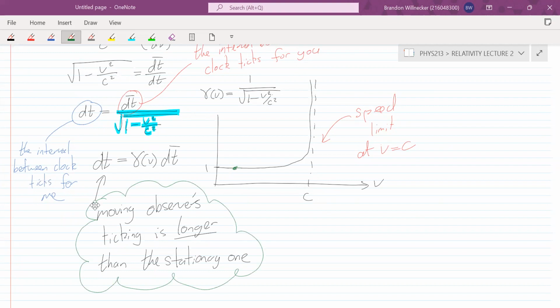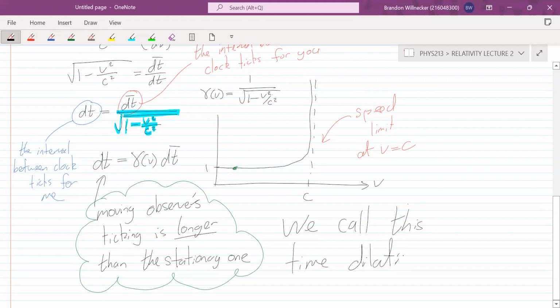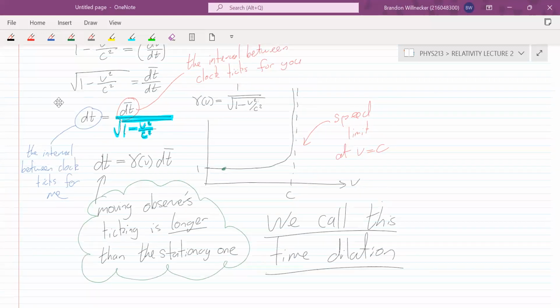Dilation, like stretching, because the time interval between the ticks is getting longer for this moving person. So we call this time dilation. So that is the stretching out of the time periods.